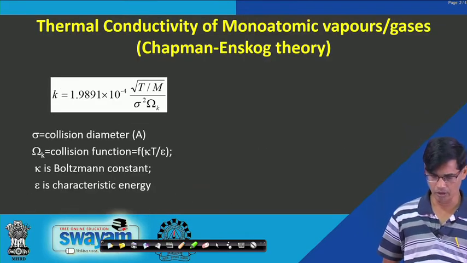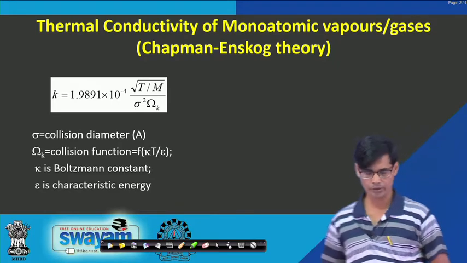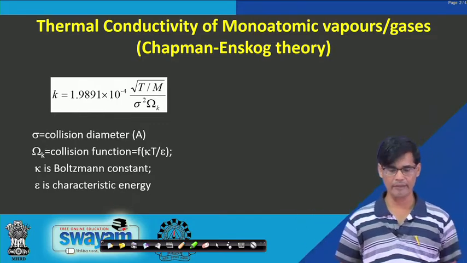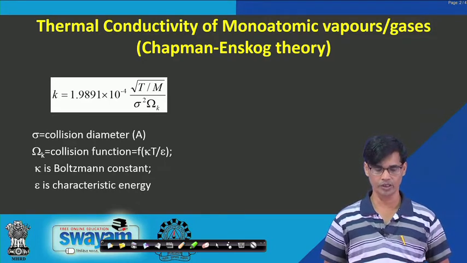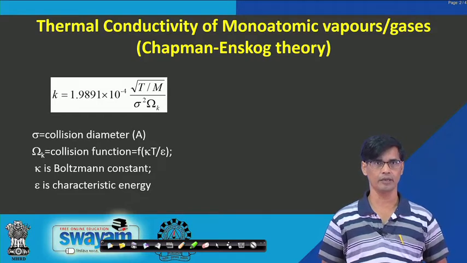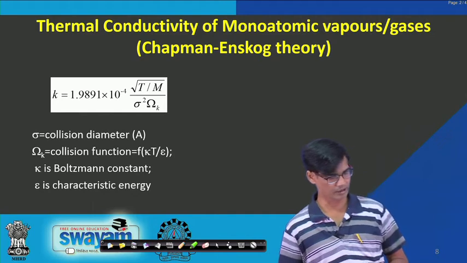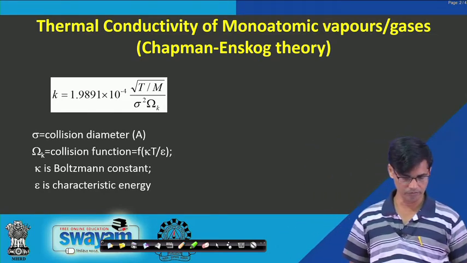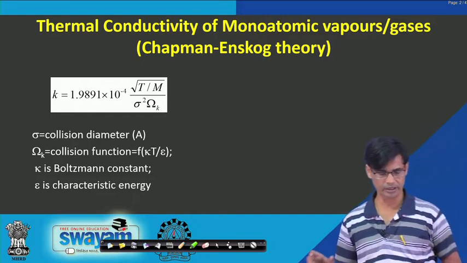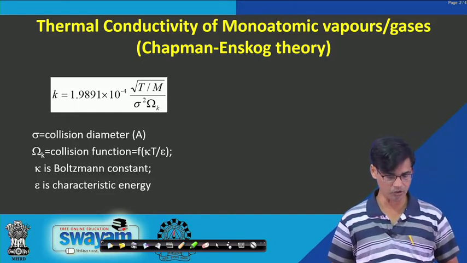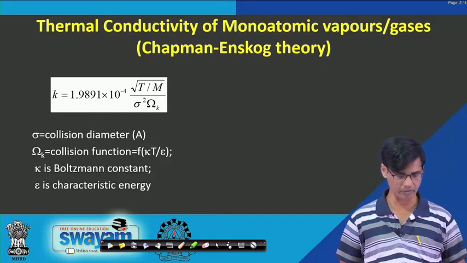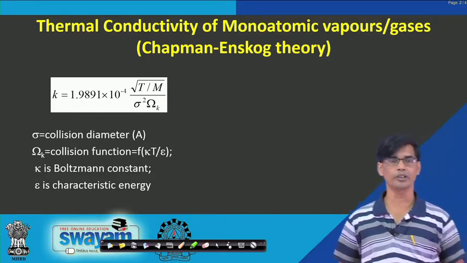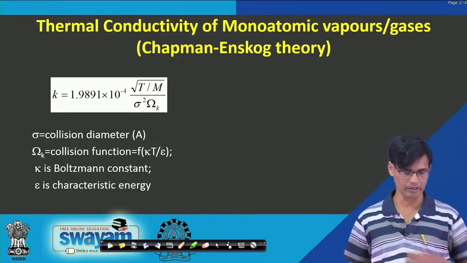Next, for gas molecules we can use the Chapman-Enskog theory. The Chapman-Enskog theory is a well-known theory for monoatomic vapors and gases, and on the right-hand side of this equation we have the temperature T, the molecular weight M, and sigma, which is the collision diameter, part of the kinetic theory of molecules, and the collision function, which is a function of kT by epsilon, the kinetic energy component. k is the Boltzmann constant, as you see, and epsilon is the characteristic energy.